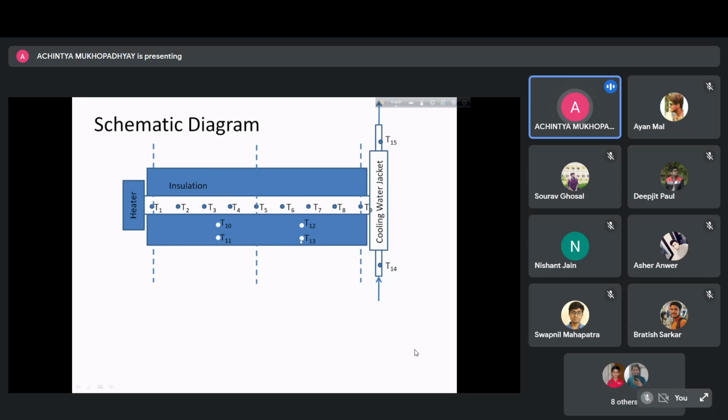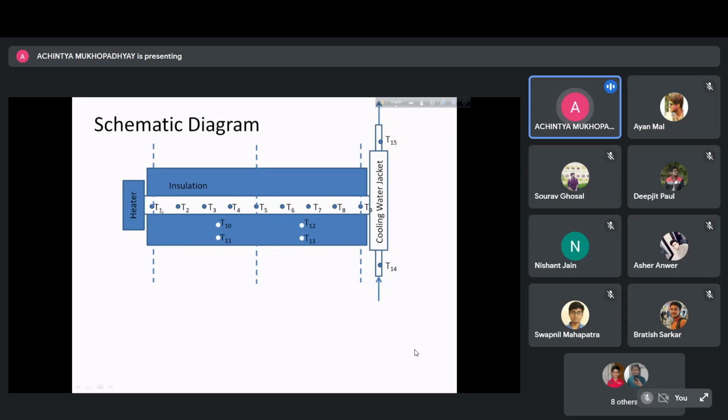Why? Because by studying the temperature difference between T10 and T11, for example, or T12 and T13, we will try to estimate the radial heat loss, that means the heat loss from the side of the rod. Okay. Of course, this will involve some amount of approximation. We will discuss it, but these are the measurements.